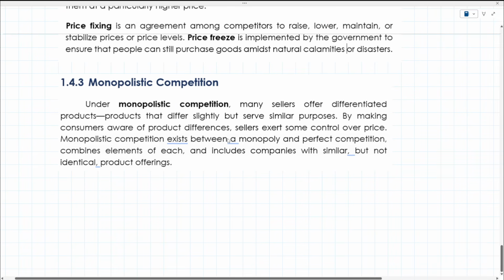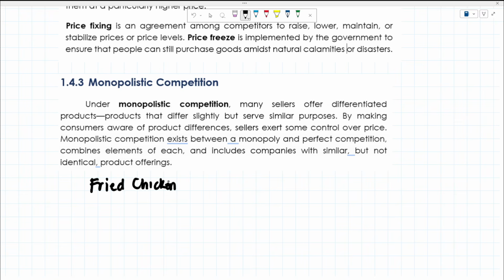So, a classic example that I would tell you would be chicken, fried chicken. For fried chicken, this is a common product, right? That it becomes a competition. But how does it become a monopoly? For example, for fried chicken, we have Chowking.